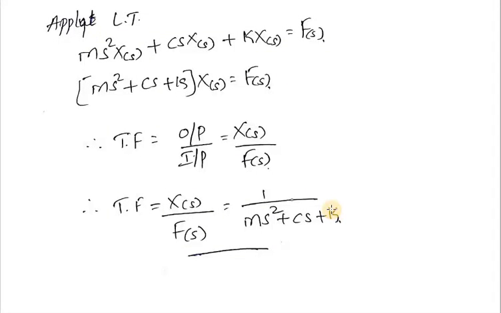Okay. So in the next class, we'll try to solve two more problems where you are having more number of displacements or different kind of inputs, that is force or displacement. And here in all the examples, we have not considered the friction.